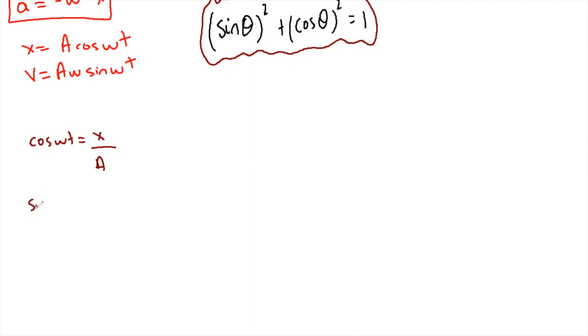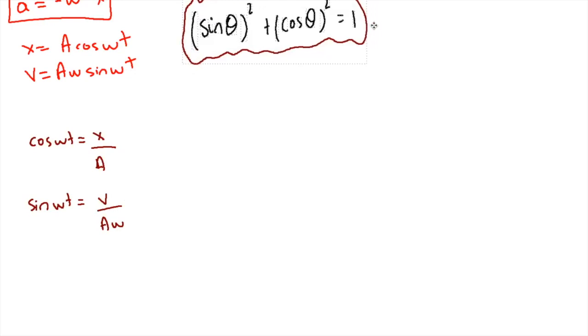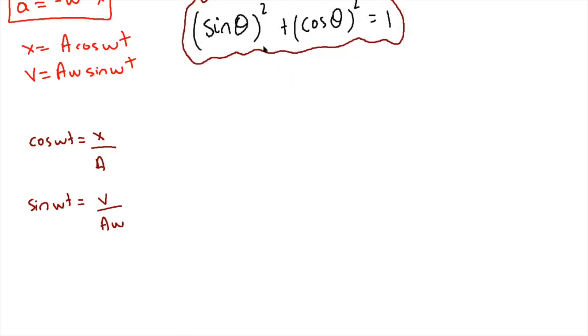And I can also say that sine omega t is v divided by A omega. By the way, this theta, you can literally replace it with omega t. So instead of this theta, we're going to write omega t because we are dealing with omega t's and I don't want you guys to get confused. So this is omega t and this is omega t as well.